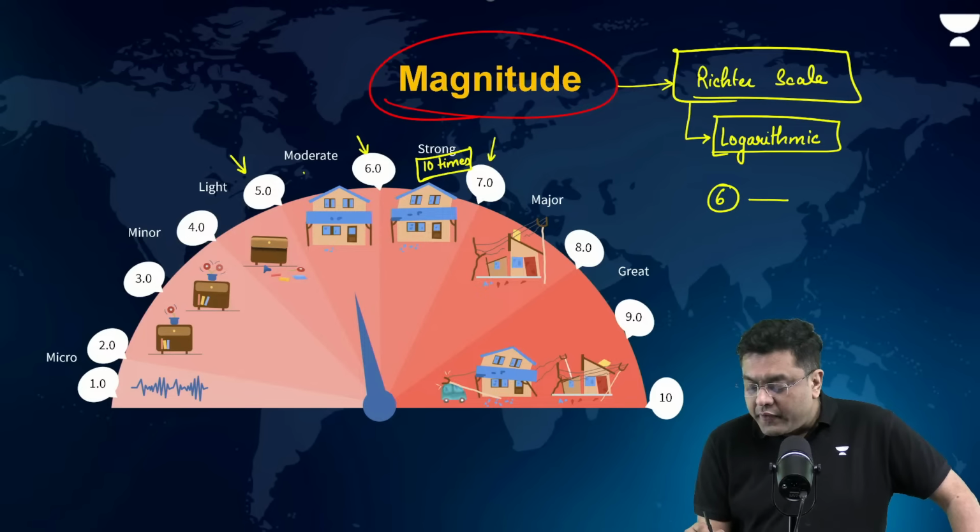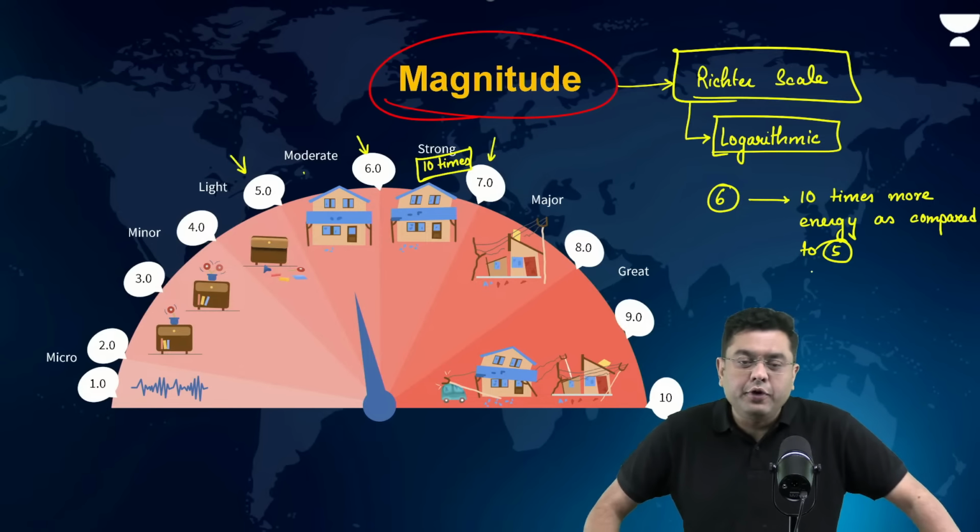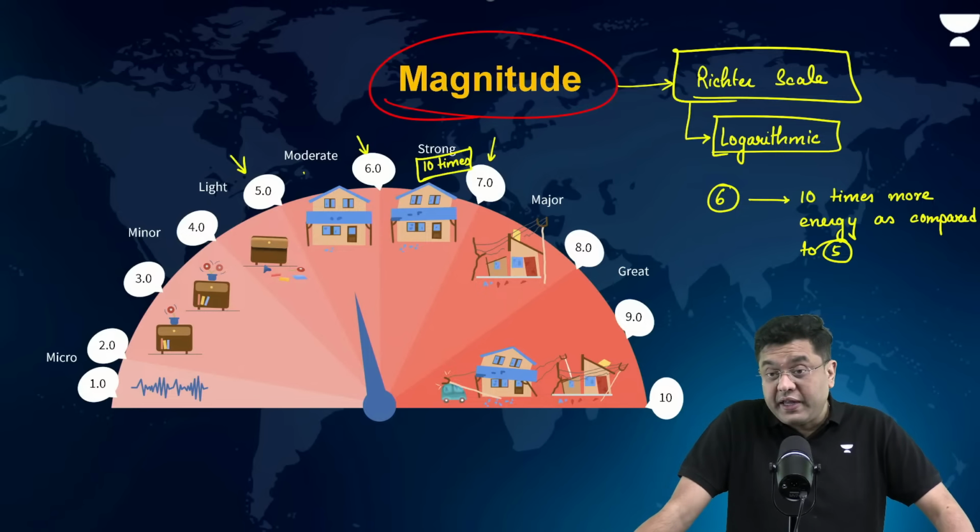Okay, so 6 is going to release 10 times more energy as compared to 5. That is the case of the Richter scale.